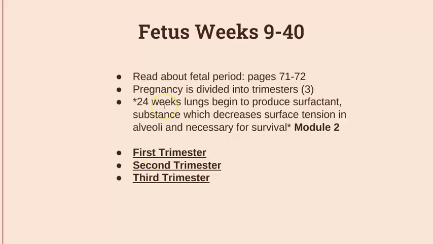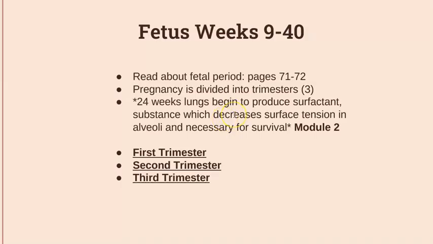At about 24 weeks, the fetus's lungs begin to produce surfactant, which is a substance which decreases surface tension in alveoli and is necessary for survival. We'll talk about that in Module 2 with prematurity. But again, because the placenta is sort of acting as the liver, it's acting as the lungs, it's getting rid of waste products, it's doing gas exchange for the fetus, they don't need their lungs the same way that we do outside.